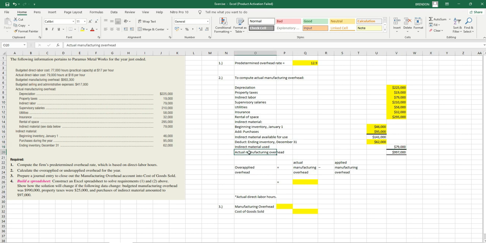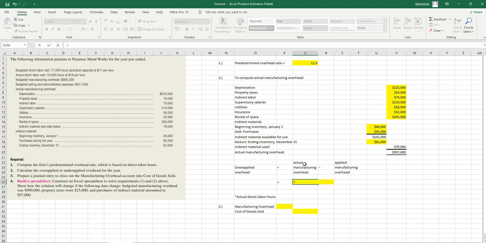Therefore, our actual manufacturing overhead is the sum of all these values in this column. We have $997,000. To compute for the over-applied overhead, we have the following formula: actual manufacturing overhead minus the applied manufacturing overhead.